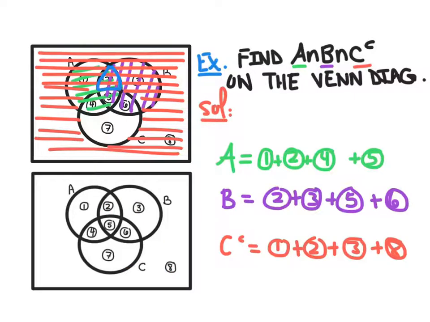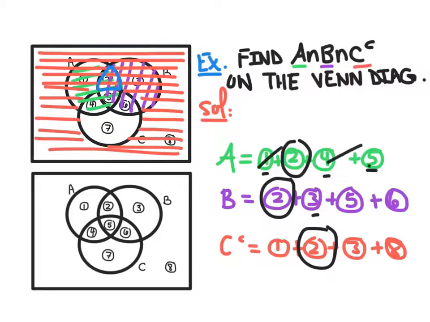And since we're looking for the intersection, we're trying to find the regions that are common to the green, purple, and red sections here. So I'm going to grab a pen here and try to see which of the regions are common to the three groups. You'll notice if you look closely that the only thing common to them all is the 2. All the other ones, for example, 4 is not in purple, 5 is not in red, 3 is not in green, 1 is not in purple.